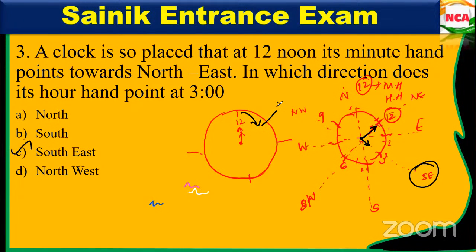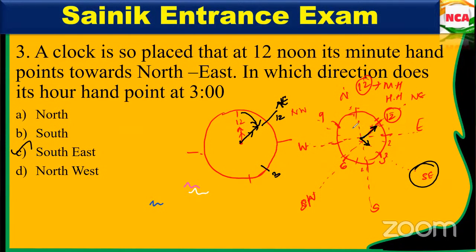So this is the northeast direction. This will be changed to here, and this will be 12. Here it will be 3, here it will be 9, and opposite to that will be 6.